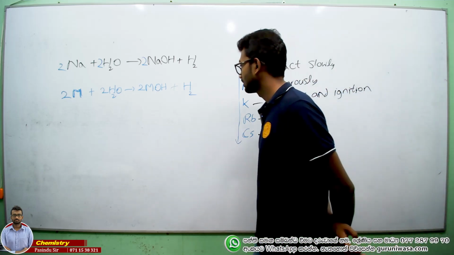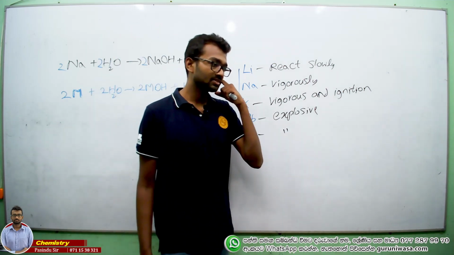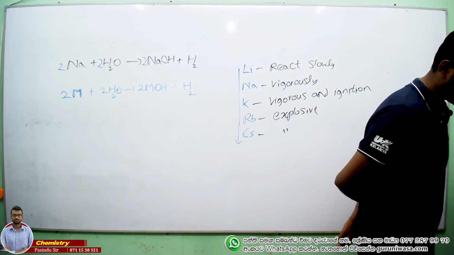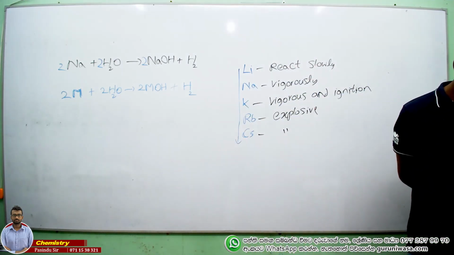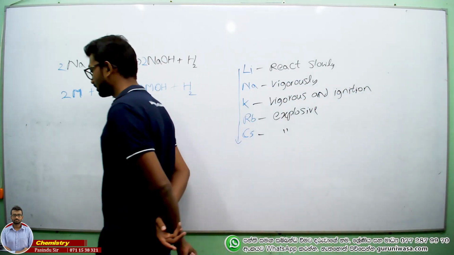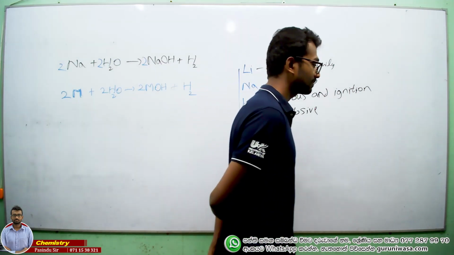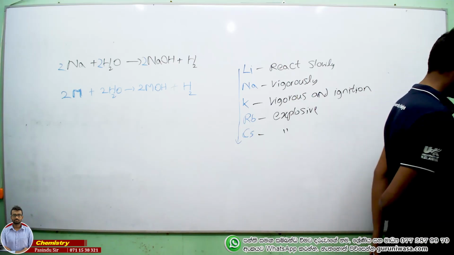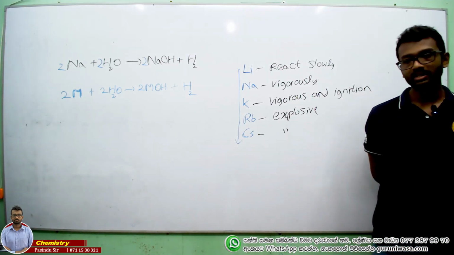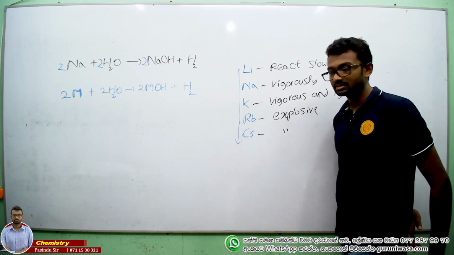Then after you write this reaction, write down with this star: these reactions are highly exothermic, except lithium. Okay. It's not that much exothermic. Why? It occurs slowly, right?